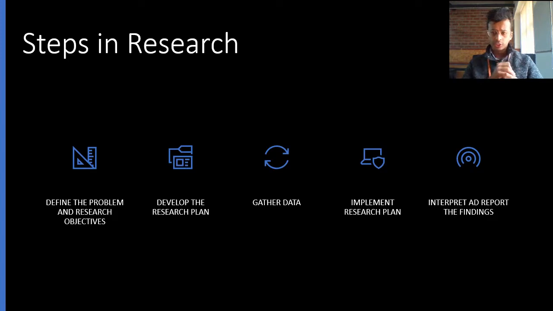Let's assume in our organization we're looking to figure out whether our customers like a particular product or not. This is where we are defining the research objective as whether customers like a particular product or not, whatever it could be. It could be a research objective, or it could be a problem that we are trying to find out, like whether we need to change the camera size in our mobile device or not.